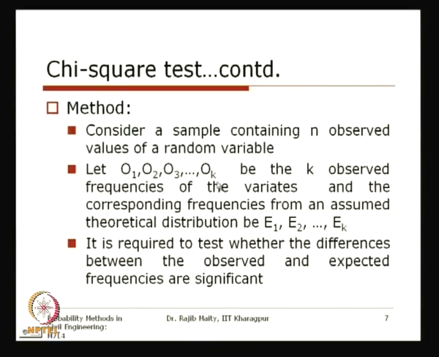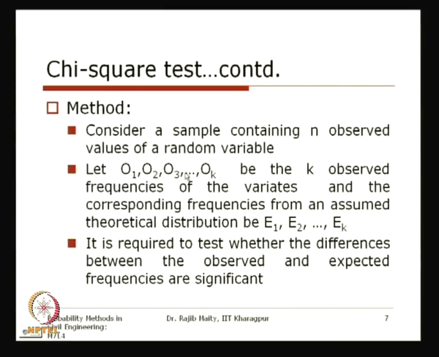The Oi's are from the data that we have, and the Ei's are from the distribution that we hypothesized this data set may follow. It is required to test whether the difference between the observed and the expected frequencies is significant or not.